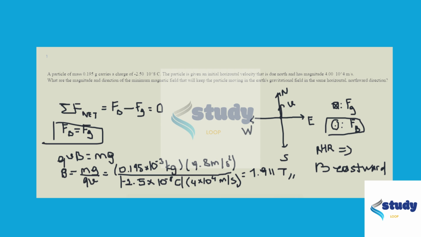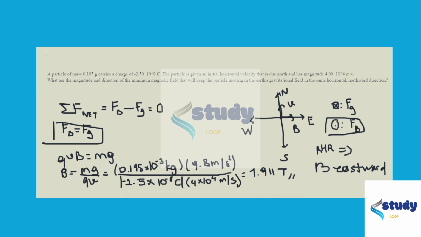Because if B is eastward, look, this is the direction of the B. So first you align your thumb with the direction of V, and then the rest of your fingers are going to go along B. Then you curl your right hand 90 degrees, which is into the page, right? This is the direction of the F sub B using the right-hand rule.